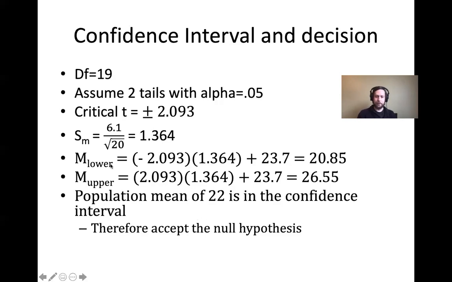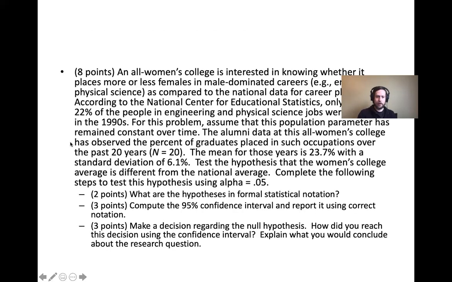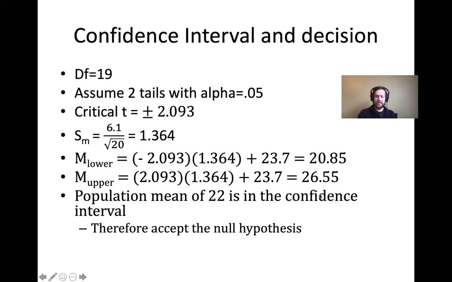Once again, I'll show you from the problem. Right there, that's the 22. 22 falls within this confidence interval. Therefore, we accept the null hypothesis. We are not willing to conclude that 22 is significantly different than 23.7% because 22 falls within the confidence interval right here. So we accept the null hypothesis.